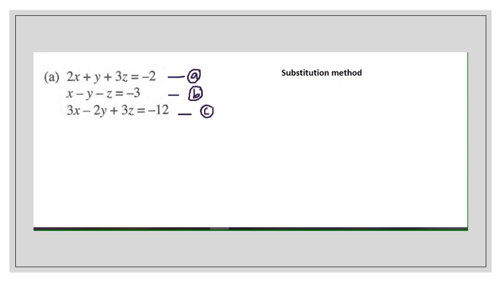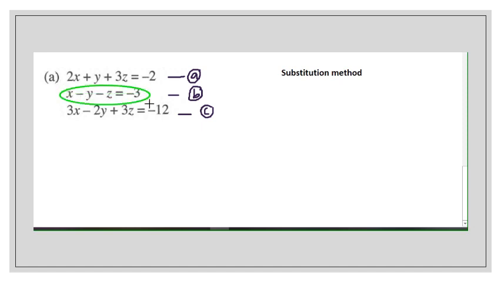Okay, now we have equations A, B and C. We start our step by aiming at which variable to substitute. Now look at equations A, B and C. Which one is easier? Normally we look at the equation with less coefficients, or any equation that we see is easier for us.